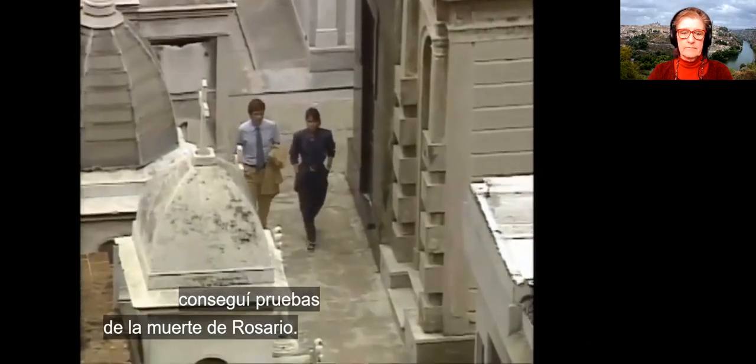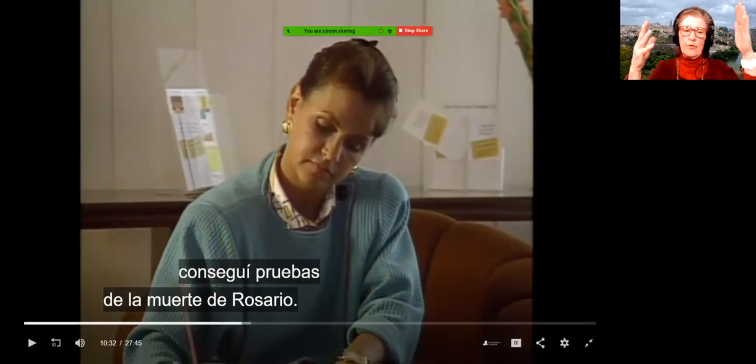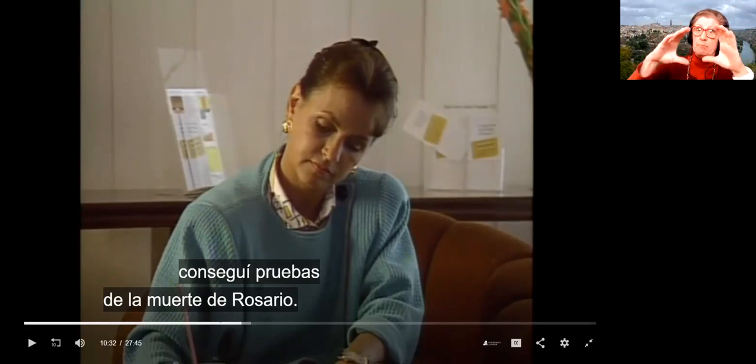Cementerio, conseguí pruebas de la muerte de Rosario. I got proof of Rosario's death. Pruebas would be proof. She took a picture. You have to have a picture of the plate in the cemetery so that he knows, because she doesn't have death certificates. She doesn't have the legal ability to go get that stuff.